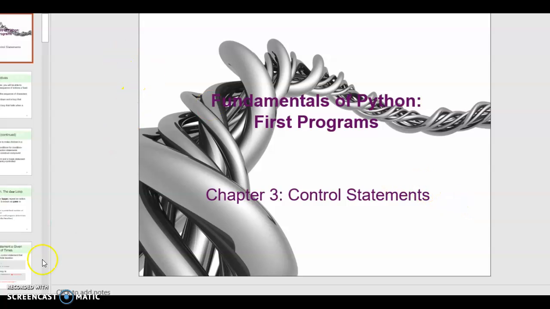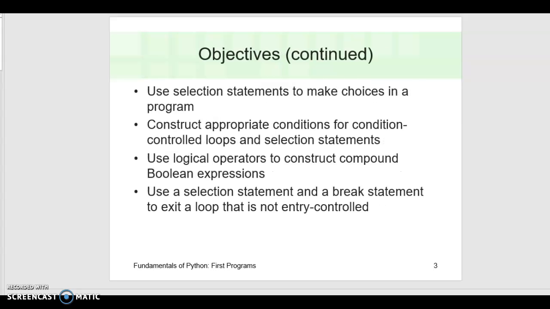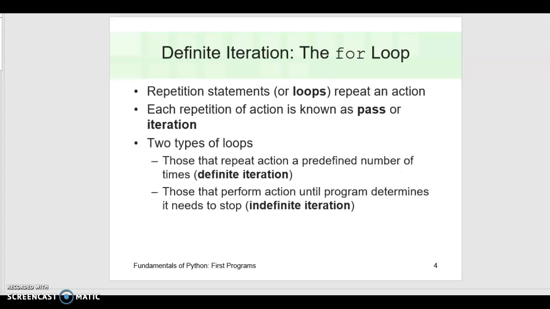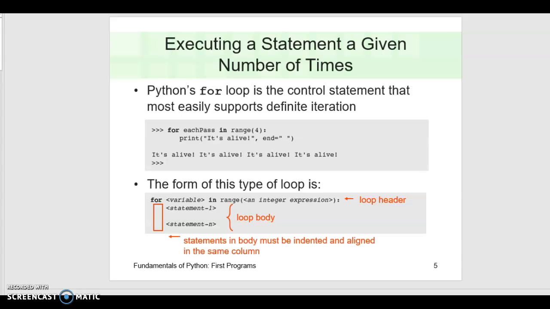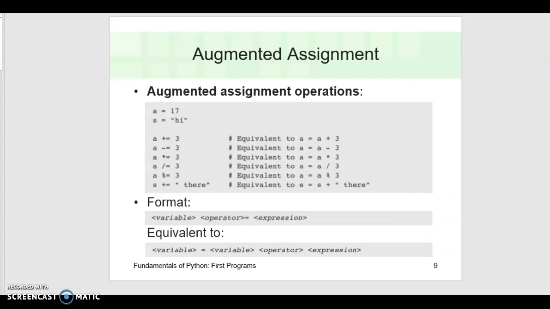The PowerPoint shows control statements, and it goes through a few different kinds of control statements that you would use. So it talks about the for loop, and I'm going to reserve the for loop for next week. I'm going to skip past that. That's why I started with the if statement.